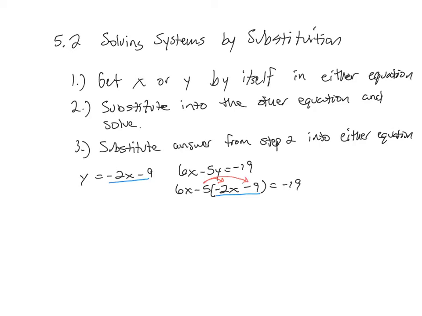So I'm going to distribute. Be careful with that 5 in the front. The negative sign has to come with it. So negative 5 times negative 2 is positive 10x. And negative 5 and negative 9 is positive 45. Okay, and then I need to combine these x's. 6x and 10x is 16x.